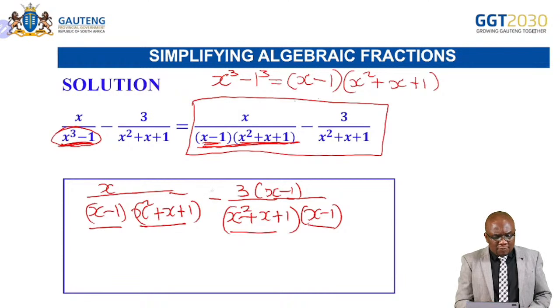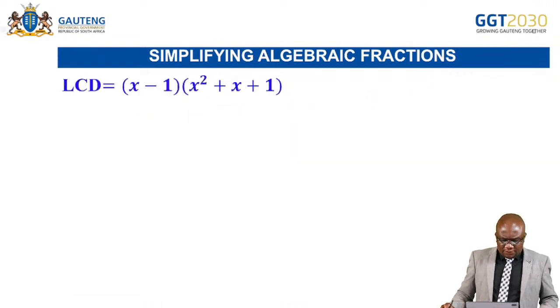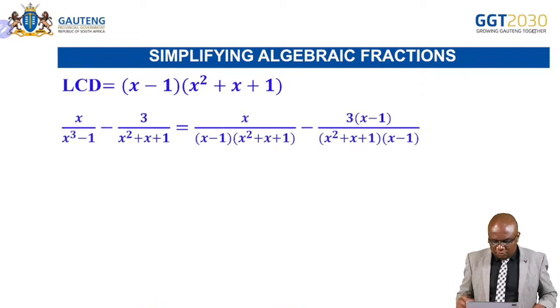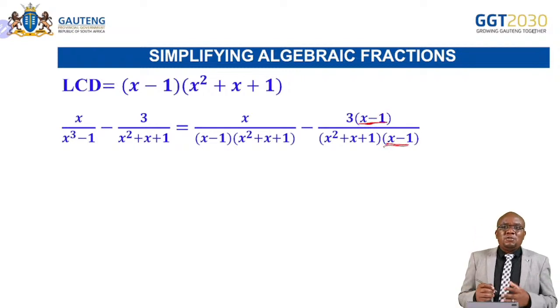We have to be careful, grade 10s. There's a negative here. It's going to affect what is inside the brackets, isn't it? Let's continue. We have done it. So this is our LCD now. We have multiplied this numerator by x minus 1, this denominator by x minus 1. Now the denominators are what?